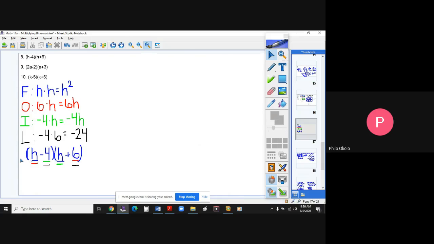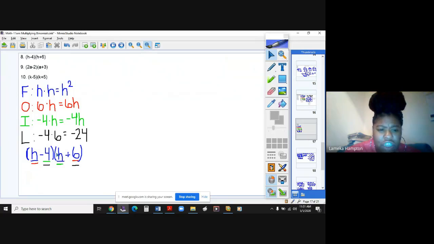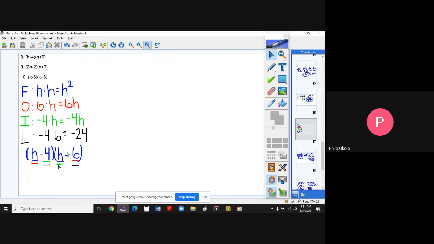But the sign there is the sign of division. Right here. H, can you see it? H divide 6. Or am I not seeing it? I don't see what you're seeing, Miss Philomena. I don't have any division. No, that's addition.